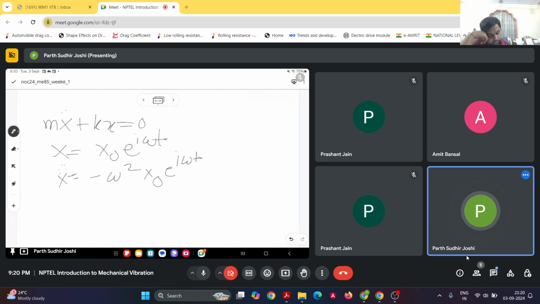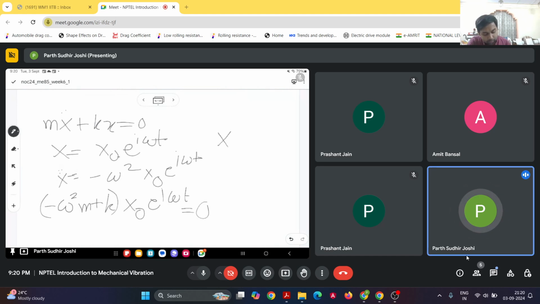And so we'll write it as minus omega square m plus k into x naught e to the power I omega t is equal to 0.